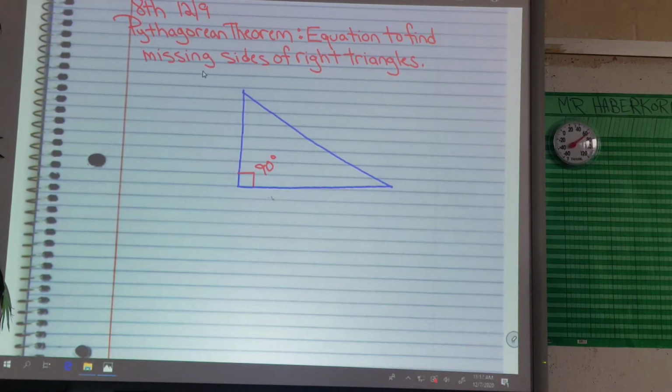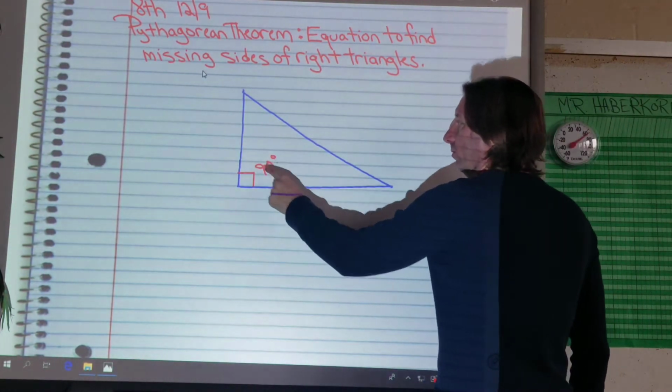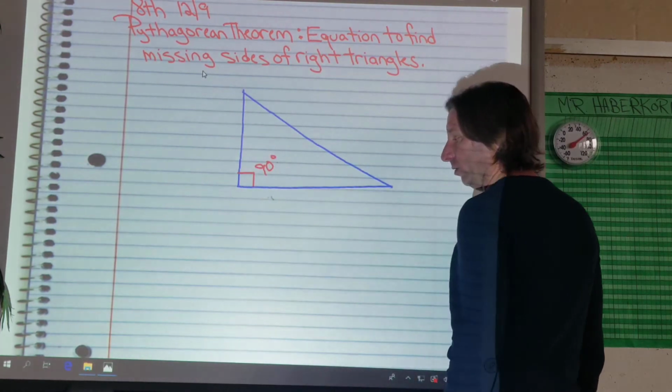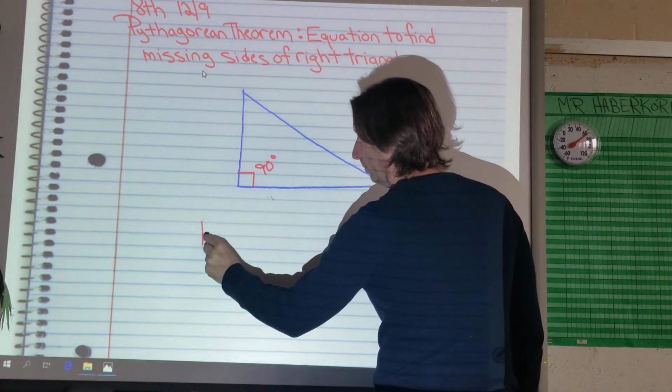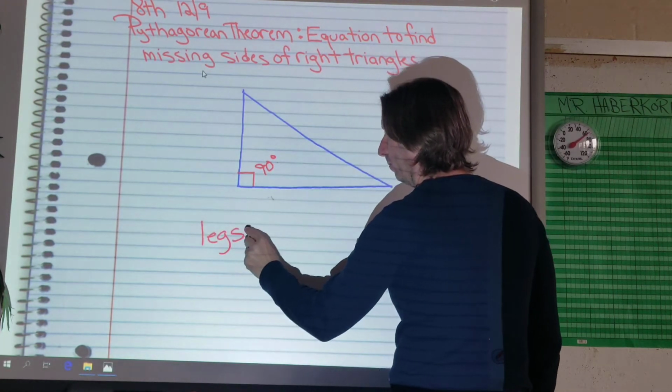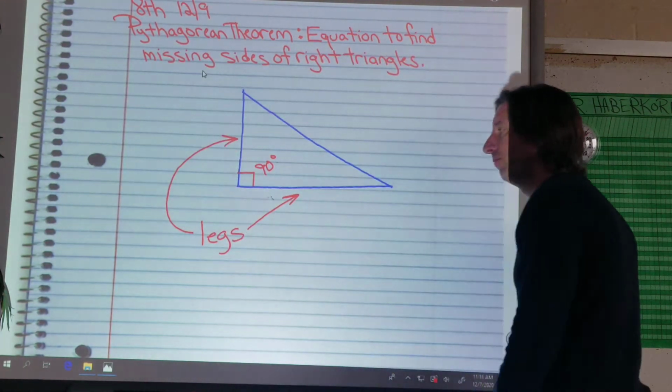So, we're going to learn a bunch of vocabulary words today. The two shorter sides of this triangle that are touching the right angle are called the legs. All right?